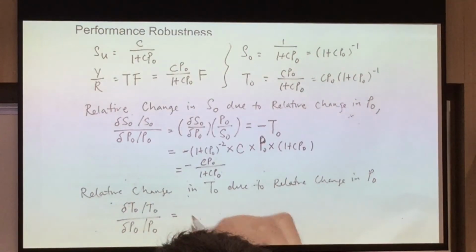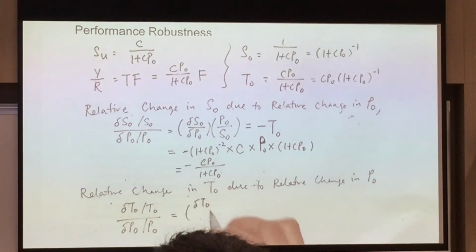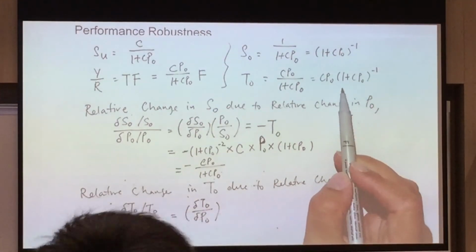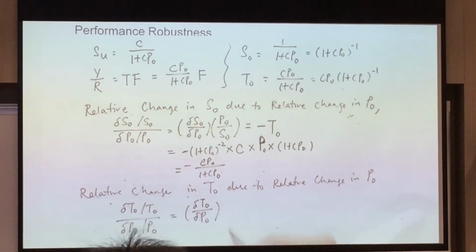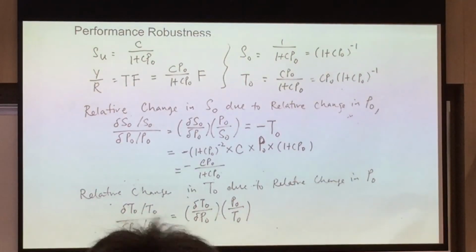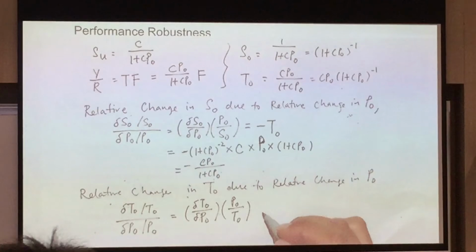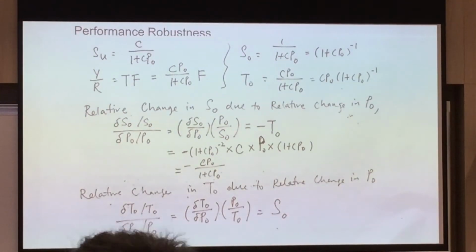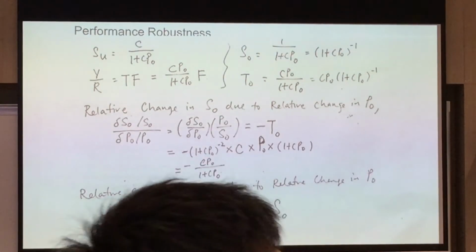So what I have is delta T naught over delta P naught. You differentiate this with respect to P naught and then multiply that by P naught over T naught. We prove that this is S. Try and do this so that if it comes out in the exam, we know how to do it.